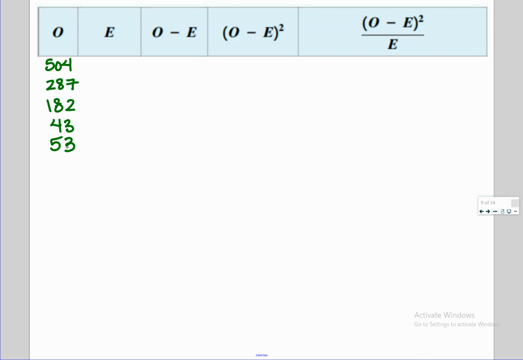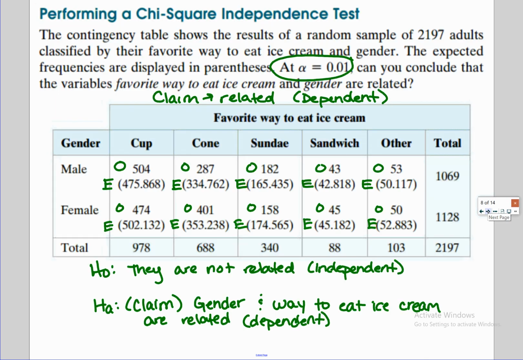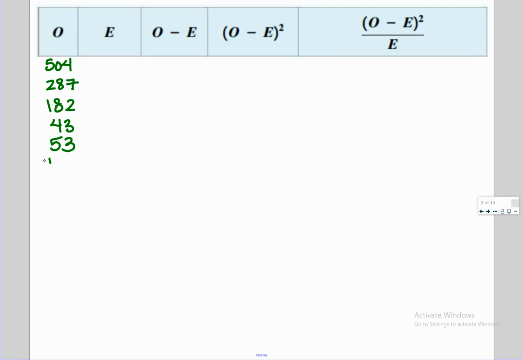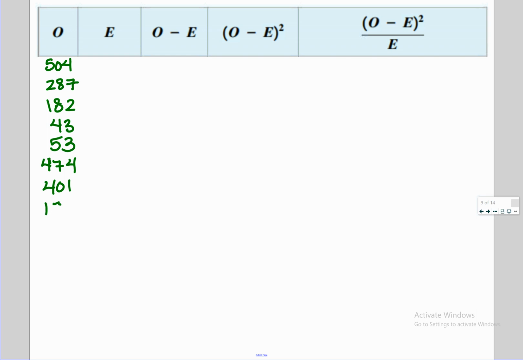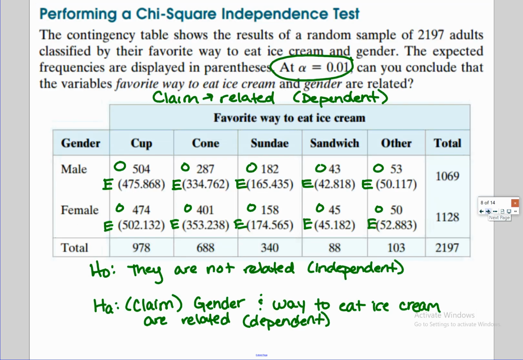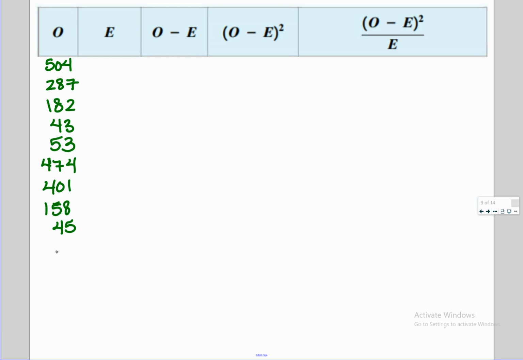Okay, so that's all my info from row 1. Row 2, 474, 401, 158, 45, 50. And then just double check that you got 10 of them there.